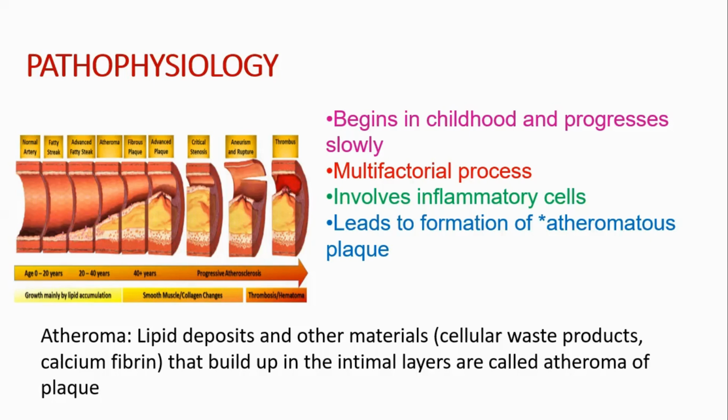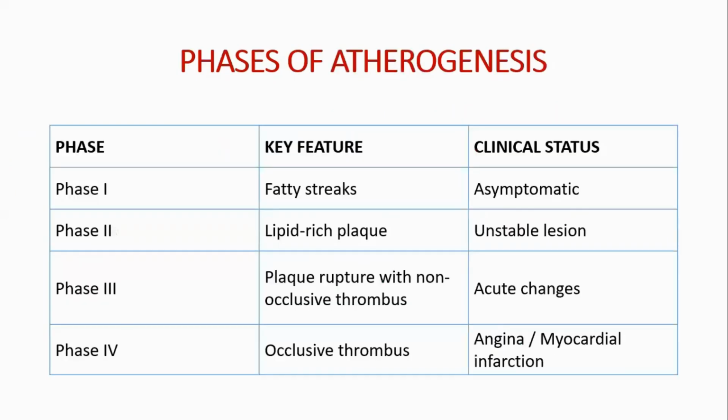These smooth muscle cells form a connective tissue matrix within which lipids and cholesterol accumulate. The lipid deposits, along with the cellular debris, calcium, and fibrin that collects in the intimal layer of the artery, together form what is known as atheroma or atherosclerotic plaque.